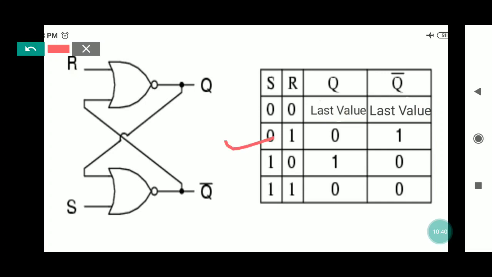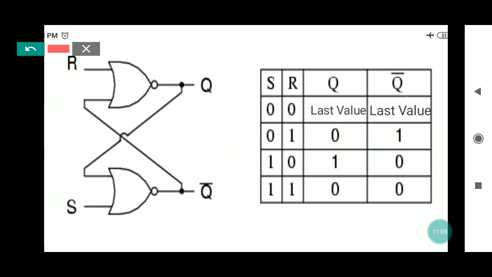In the second condition, we took R as 1, S as 0, and we got Q as 0 and Q bar as 1. This condition is also known as the reset condition, because Q is reset here, as the output is 0.